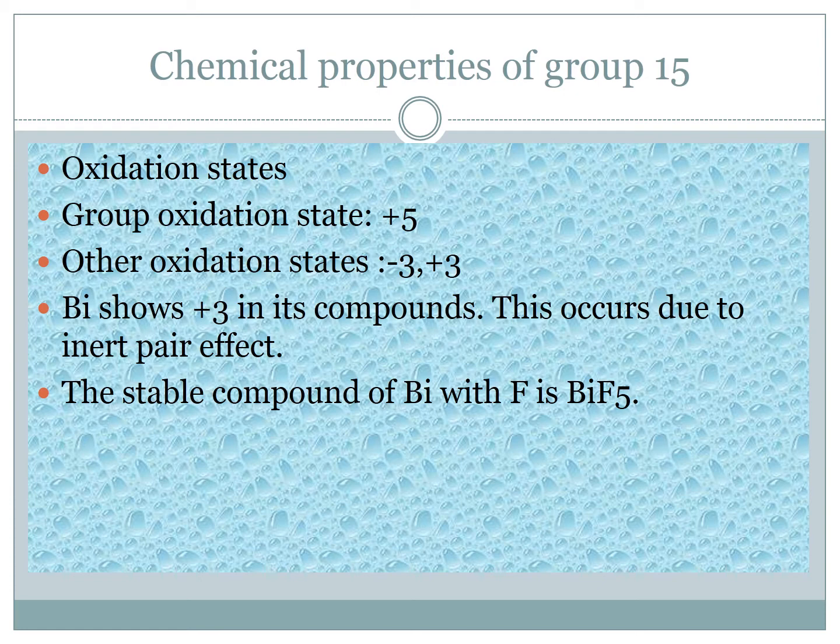If you subtract 10 from the group number, we get the valence electrons, and the group oxidation state exhibited is +5. The other oxidation states are -3 and +3.